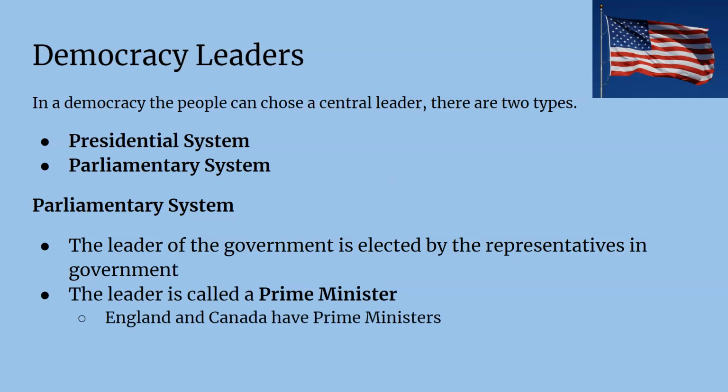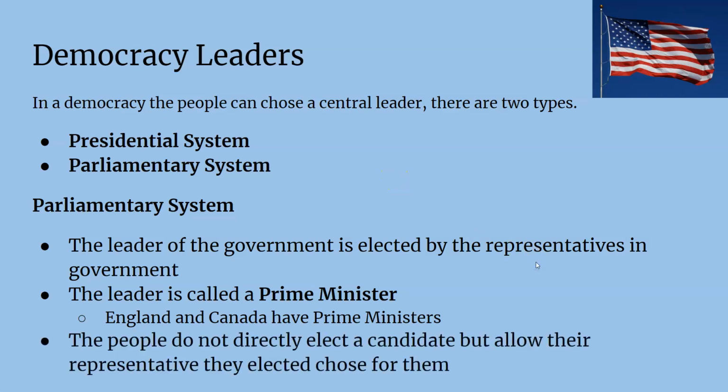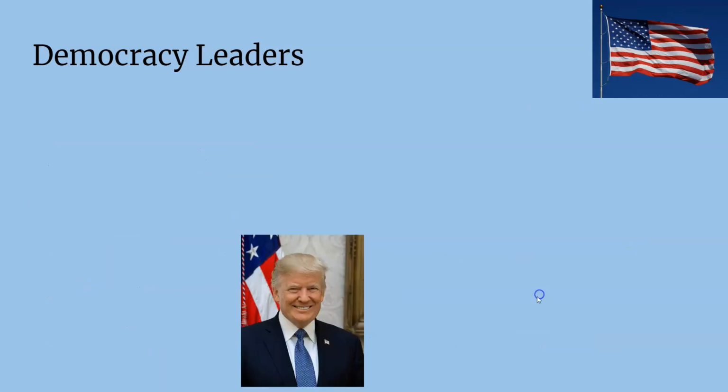So you vote for, let's say, a senator or a representative, and then all the representatives together elect the leader of the country. It's not a direct election of that person. The people do not elect a candidate, but allow their representatives to choose for them. So that's why it's really important to elect a candidate that represents you, because they're going to be casting a vote for the leader of the country.